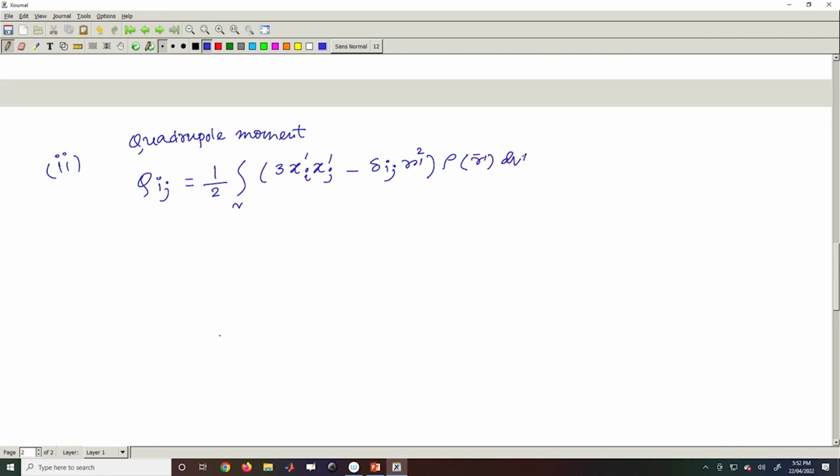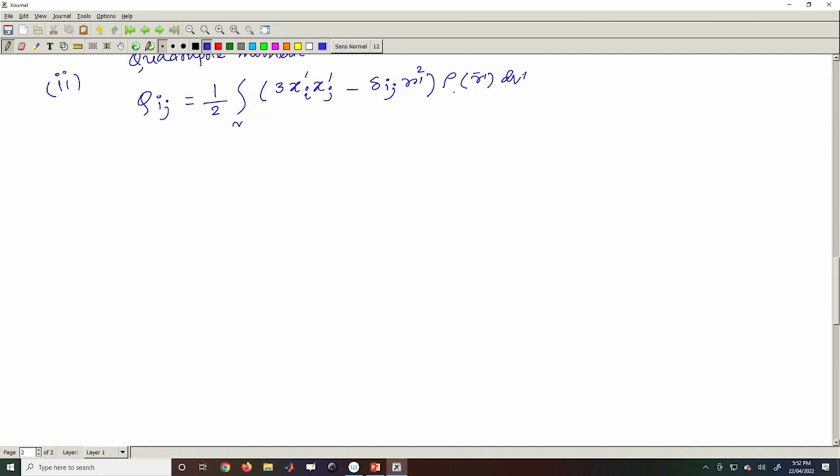Now, I have already figured out the rho, and that is going to help me, because in this problem I need to put this rho value and the rest of the thing is identical.